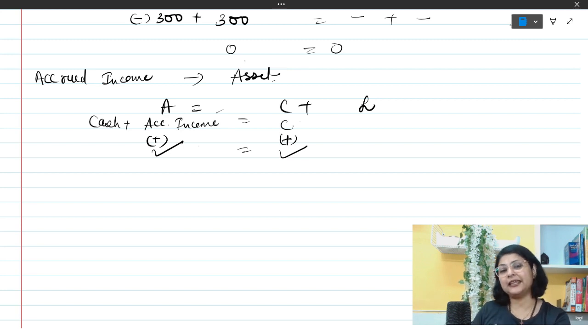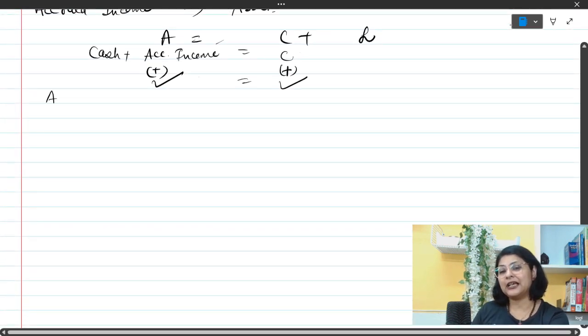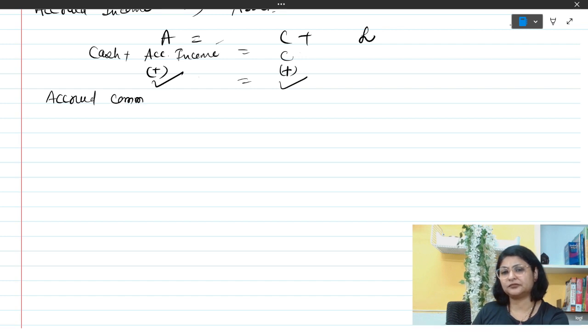Okay, let's take an example and understand. Let's say accrued commission, rupees 500. If there is an accrued commission of rupees 500, you are going to add it over here, 500 rupees.